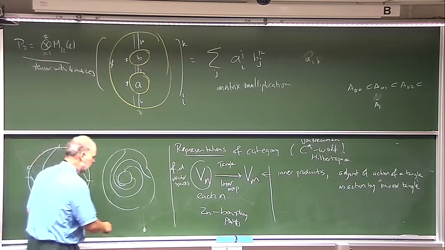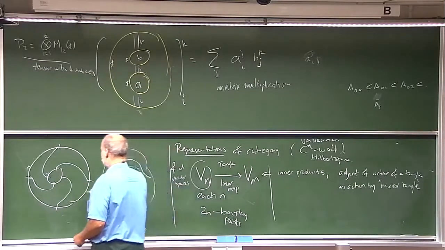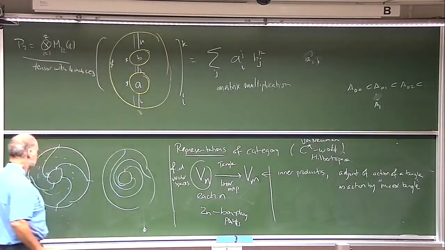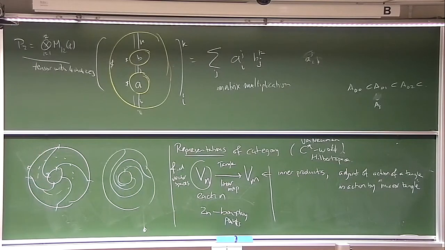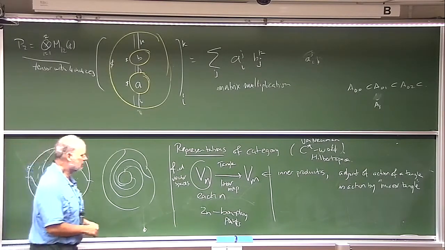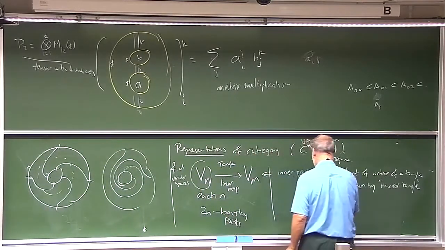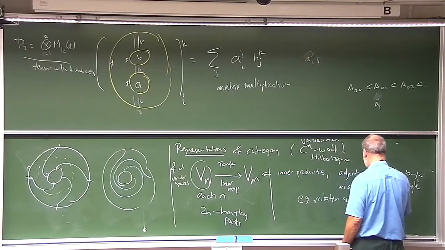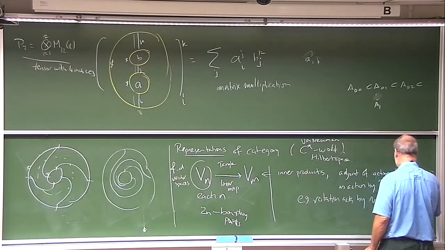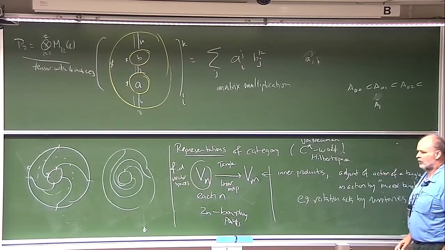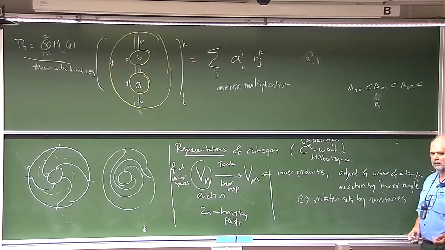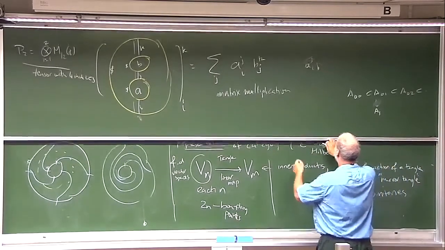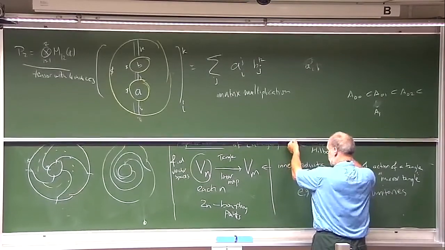Well, by the mirror tangle, I mean take a tangle, any tangle, and draw a circle halfway between the inside circle and the outside circle and simply reflect it. Okay, so in particular, this rotation tangle will get mapped onto its inverse by this. The rotation will be acting by unitaries. Okay. And one more, perhaps.